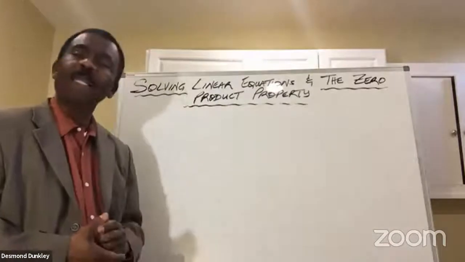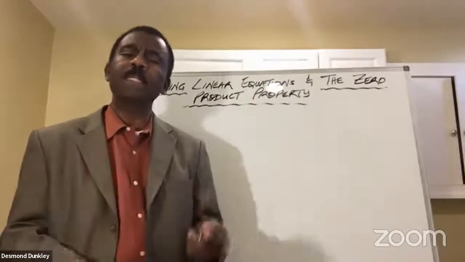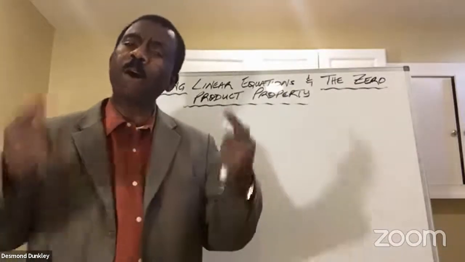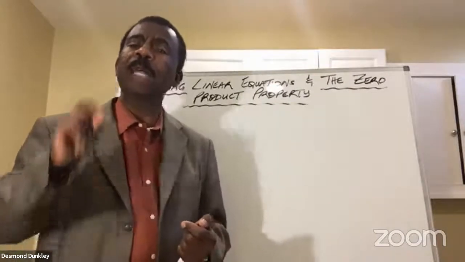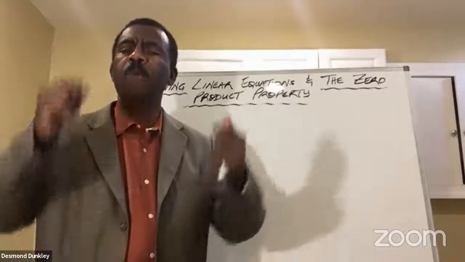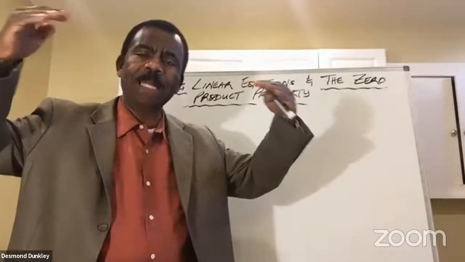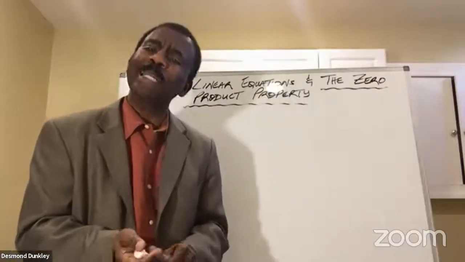So let's get started. What does it mean to solve? What it means is that you're given an equation with an unknown, and you're asked to find a value that works perfectly so that what is on the left side is equal to what's on the right side of your equation. The best way to explain it is to use an example.